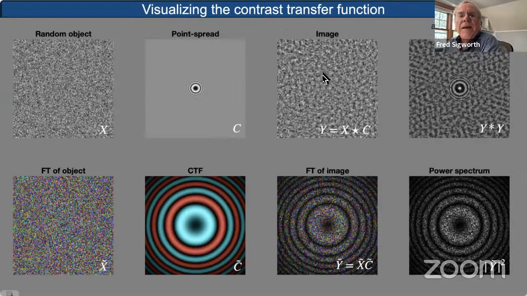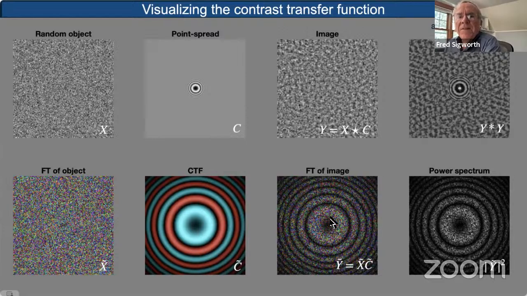Now, if I transform back, this is what my image would look like under phase contrast imaging, and you can see it's kind of gotten this rough, ripply kind of look, which is what it looks like if you look at a carbon film in the electron microscope.